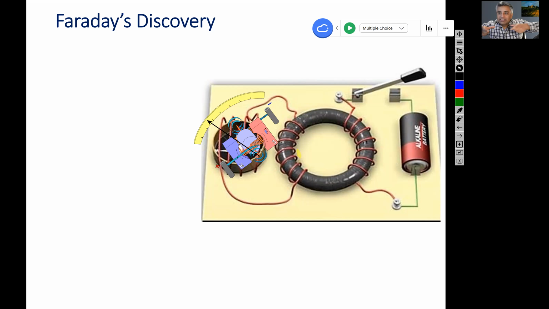The iron basically directs the flux in a particular direction, so more flux goes that way rather than this way or that way, okay? That's the role of this. So we can detect more current. If that's not there, then we may not get as much.